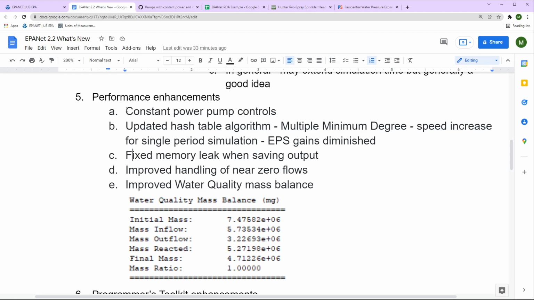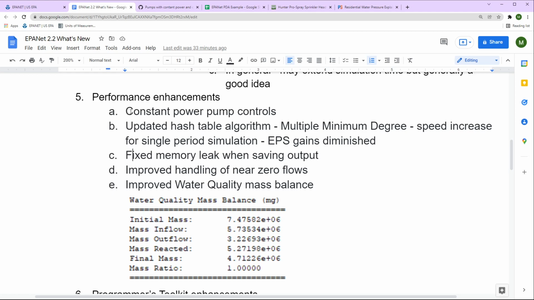But basically, if you are starting out an analysis and don't know what the pump station or pump specs would be, you can just put in constant power, constant kilowatts or constant horsepower as a placeholder to see what kind of power range you need for a pump station.